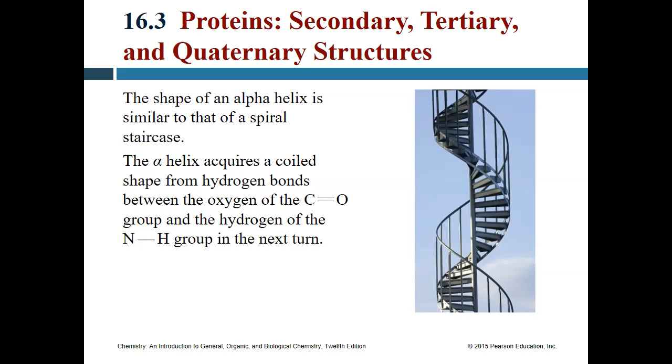What we have to understand is that a protein chain can undergo a series of transformations to make it into the final form that is actually used by your body. And so what we get are what are called secondary, tertiary, and finally quaternary structures. And this spiral staircase is going to be representative of one of those forms, and we'll see pretty quickly which one it is here in a minute.